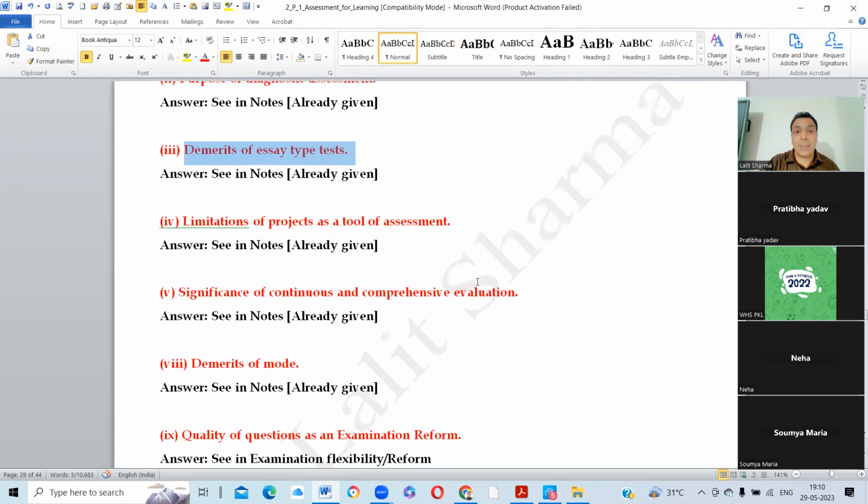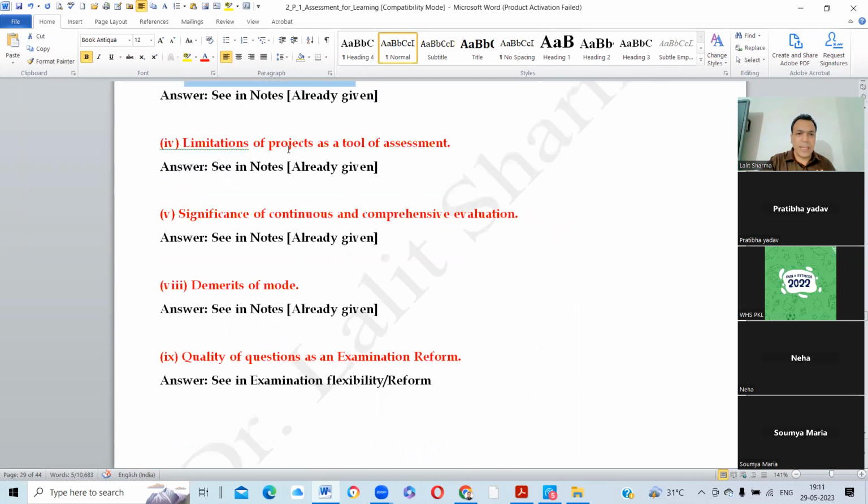Demerits of an essay type test. If you remember, under the tools of assessment, we talked about project test. Then we talked about essay type test, objective type test. Then merits and demerits we already did in the previous notes. You can see that, and we have discussed in detail. Limitations of a project as a tool of assessment.